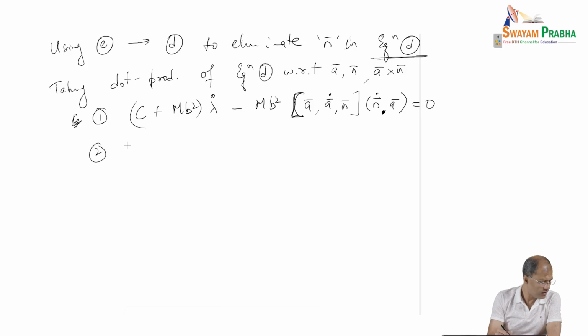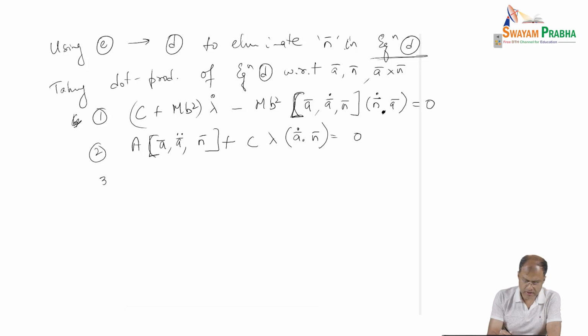And then the second one is A times triple product of A comma A double dot comma N plus C times lambda times A dot N. This is 0. And then the third equation we are getting by taking a dot product with A cross N.